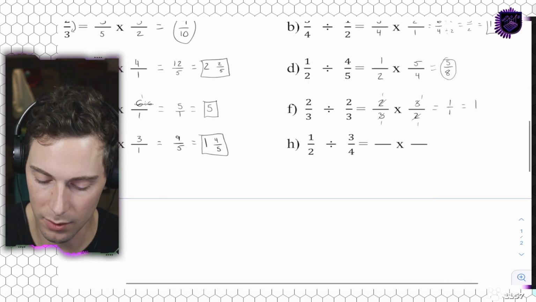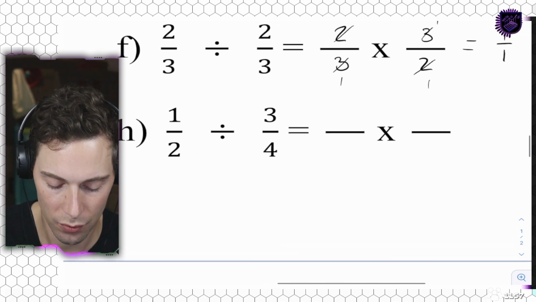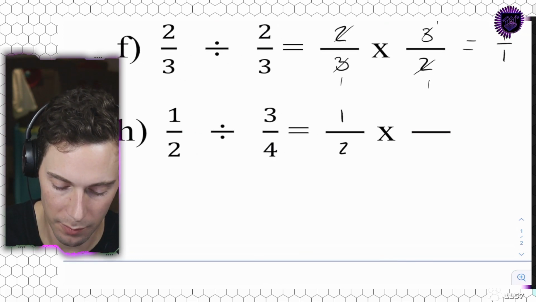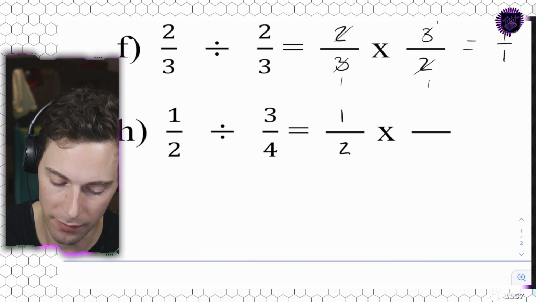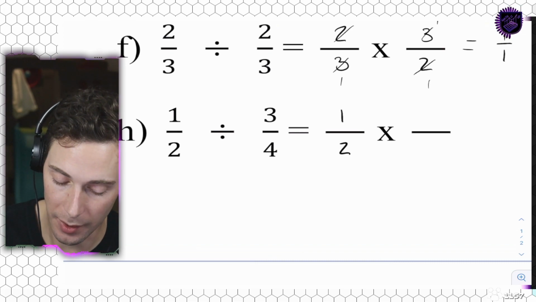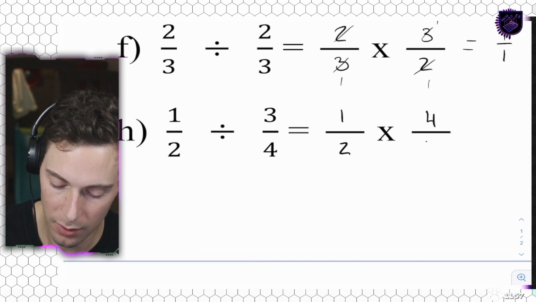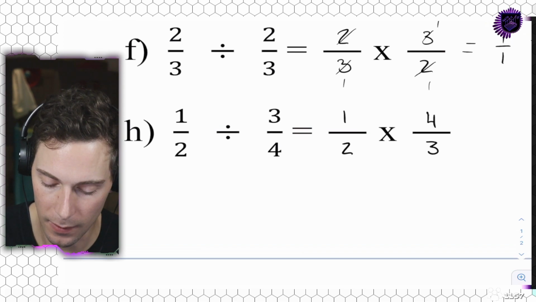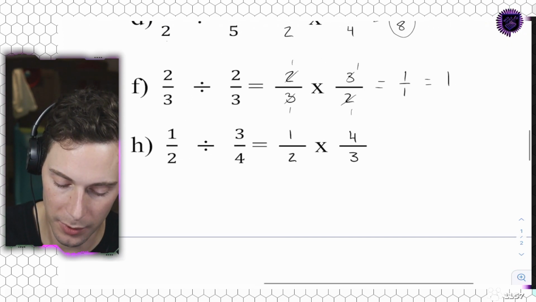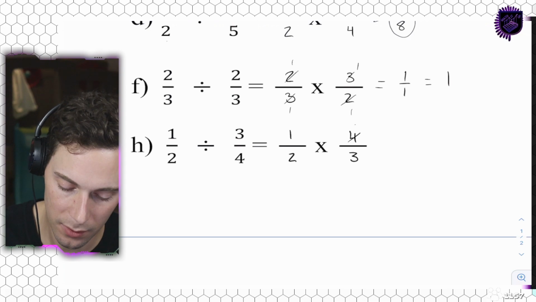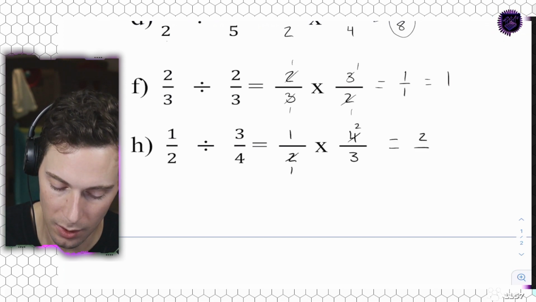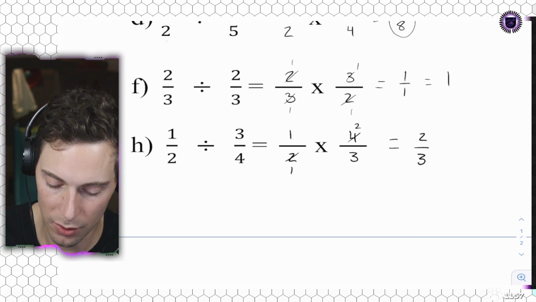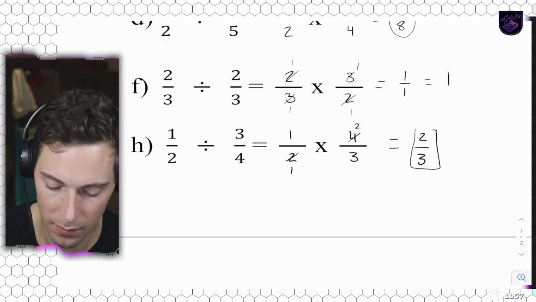Last question, H. 1/2. We just move it over. We keep that. We flip our sign, and now we change our sign, and we flip our fraction to 4/3, and then we go multiply. No, we can simplify first. Common factor of 2, which equals 1 times 2, which is 2, 1 times 3, which is 3, 2/3. Final answer.